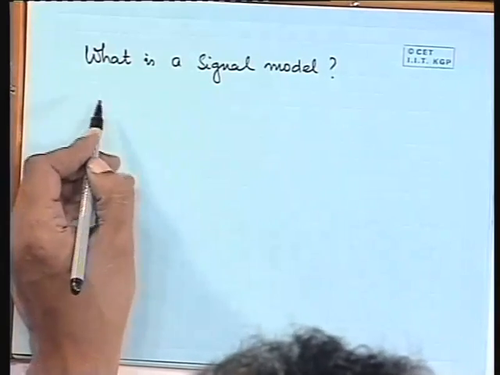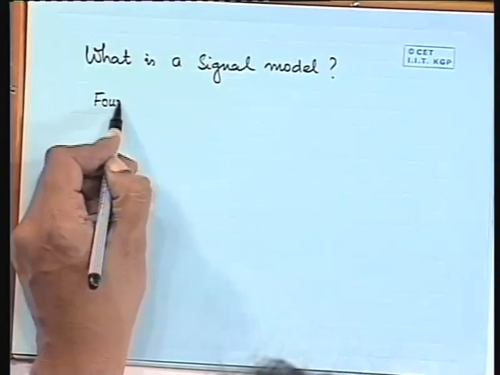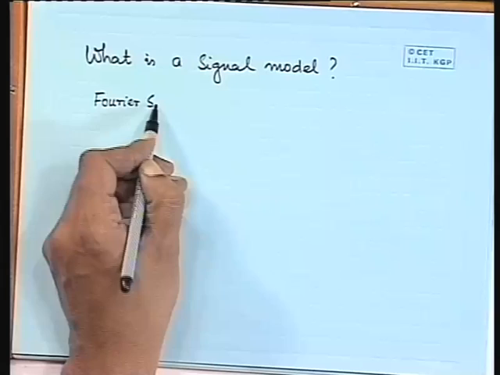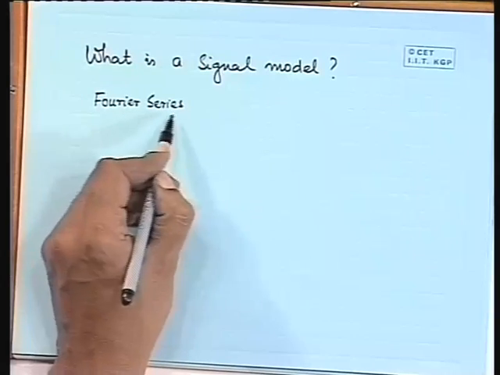example is when we describe a signal as a Fourier series.